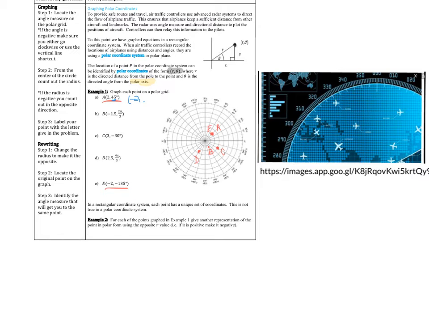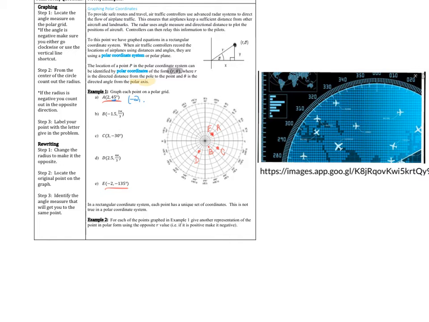So if I start over at negative 2, and I still want to go in a positive angle direction, then I would have to go all the way to 180 and then 45 more.